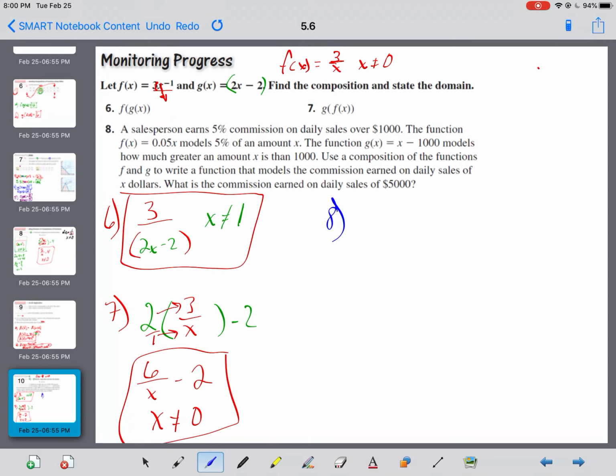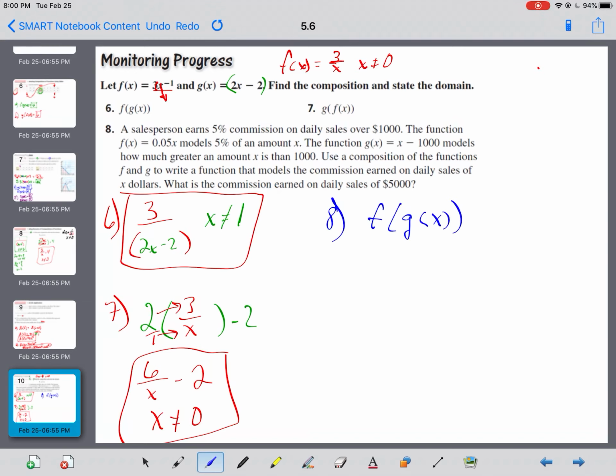Okay. So a salesperson earns 5% commission on daily sales over 1,000. We need to figure out how much is over 1,000 first, then we get to do the 5%. So the 5%ing is last. So we want f of g of x, because we want g first, because g is the one that figures out how much over 1,000 we are.